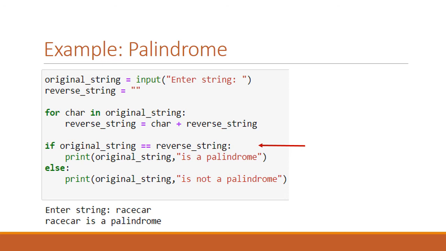In the if statement, we can now check to see if the original string is equal to reverse string. That's either true or false. If it's true, we print the original string is a palindrome, else we print the original string is not a palindrome. So in our example, when I execute it, I type in racecar, and our program determined that racecar is a palindrome.